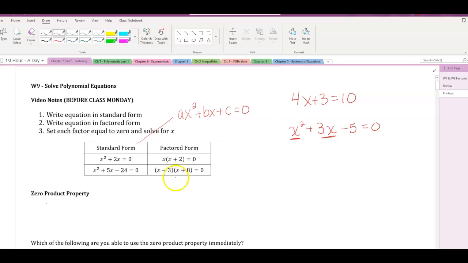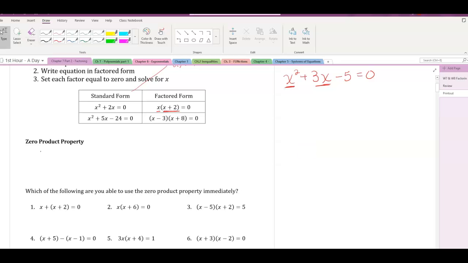Factored form is what we've been doing this whole time. Basically, then we're going to set that equal to 0. So here I have this factor times that factor, okay? Notice in here I don't have any factors. So factored form means it needs to be completely factored and set equal to 0. You can't have any addition or subtraction signs between factors, okay?